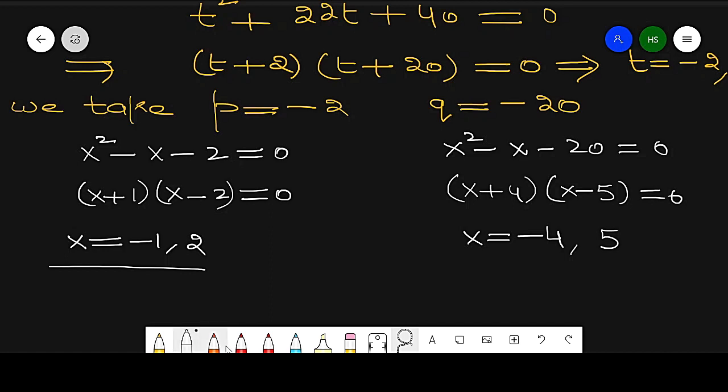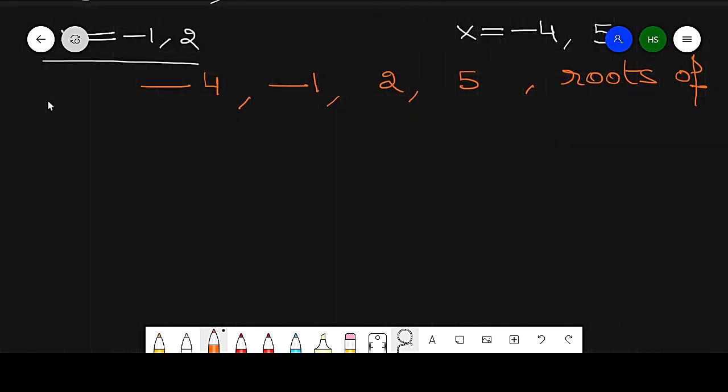So the roots of the given equation are minus 4, minus 1, 2 and 5.